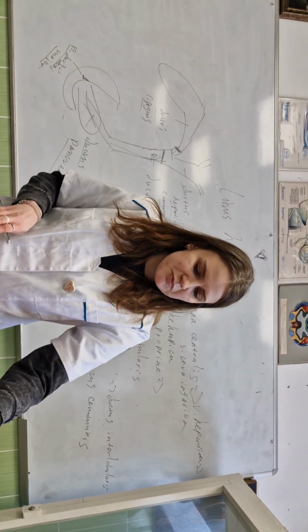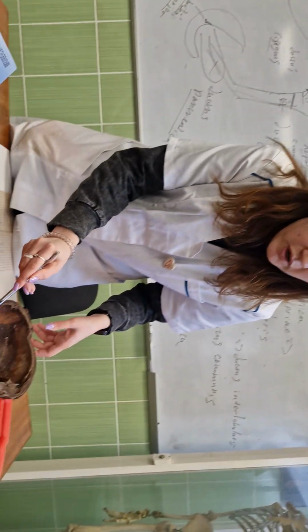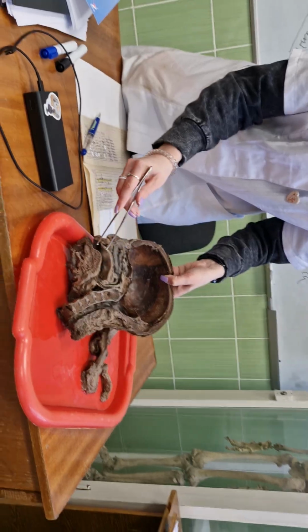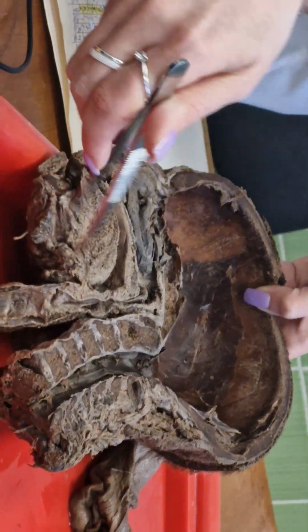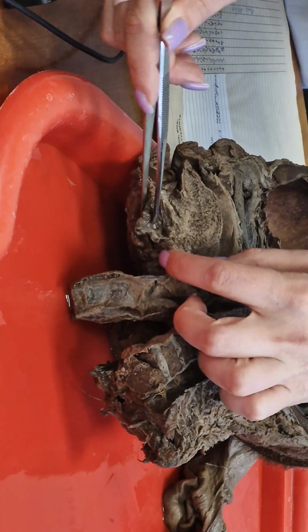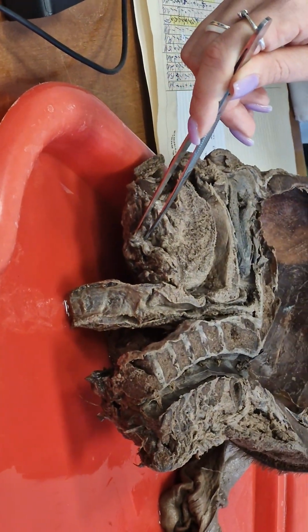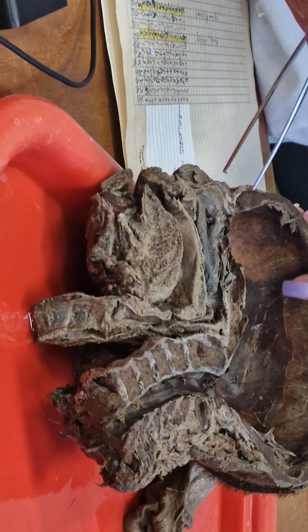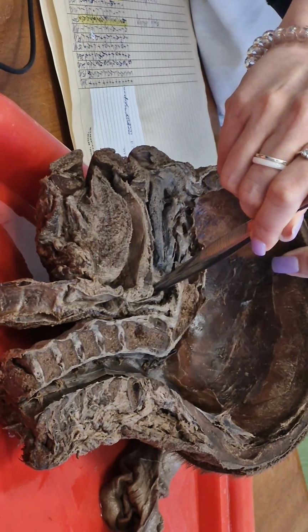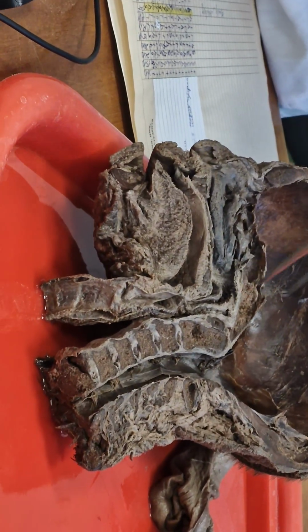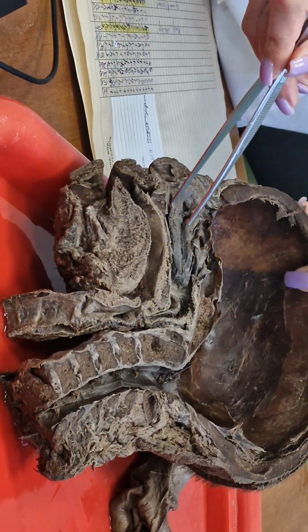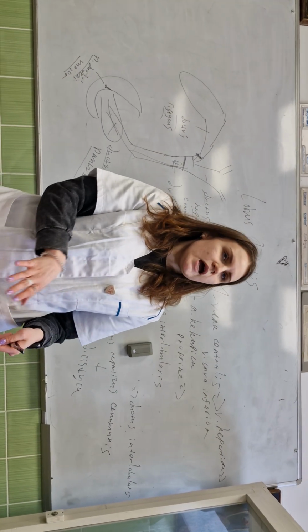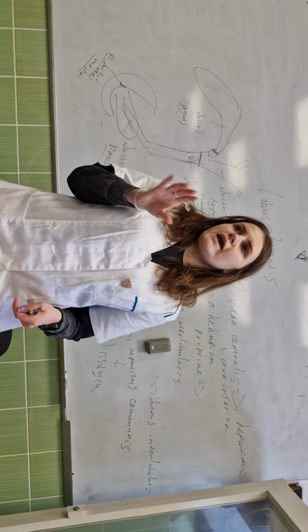For example, on this preparation, we can show cavitas oris propria, lingua, palatum durum, palatum molle, diaphragm, with part of muscle, musculus genioglossus, ostium pharyngeum tubae auditivae, torus tubarius, concha nasalis, uvula we can see. You should know what we can show on this, and you should know the Russian names.